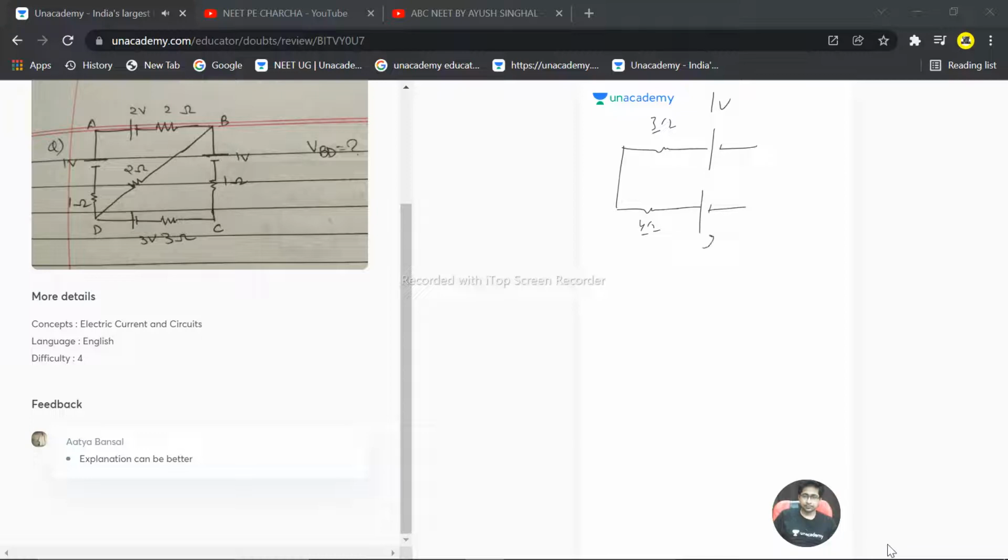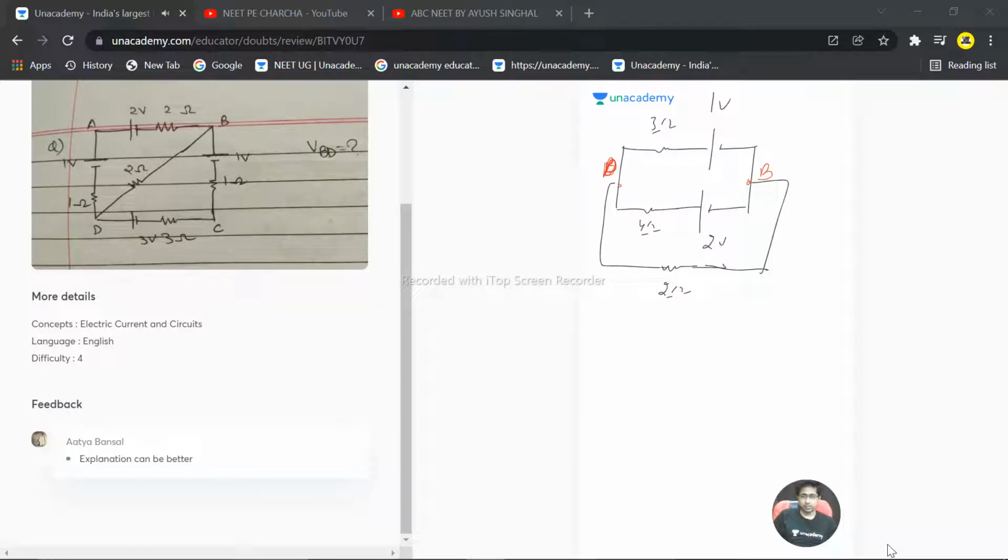Okay, and further we have a branch like this, which is BD, connected to the BD point. This has a 2 ohm resistance. This is point B and this is point D we have.